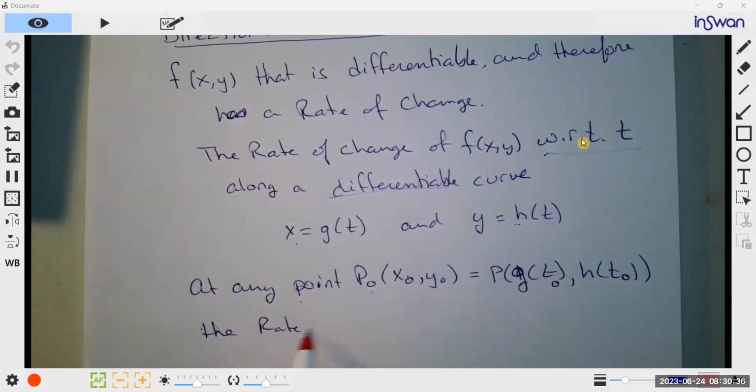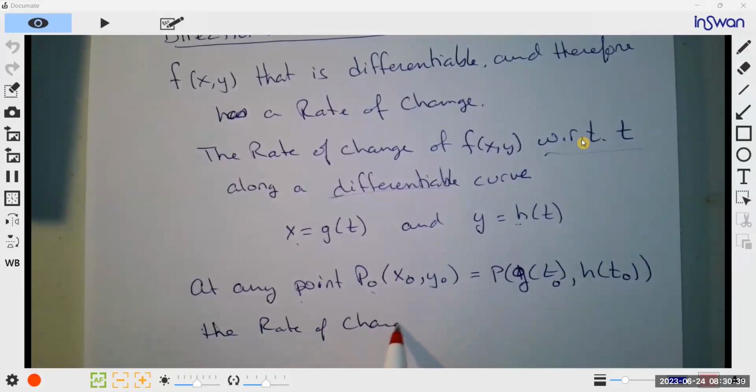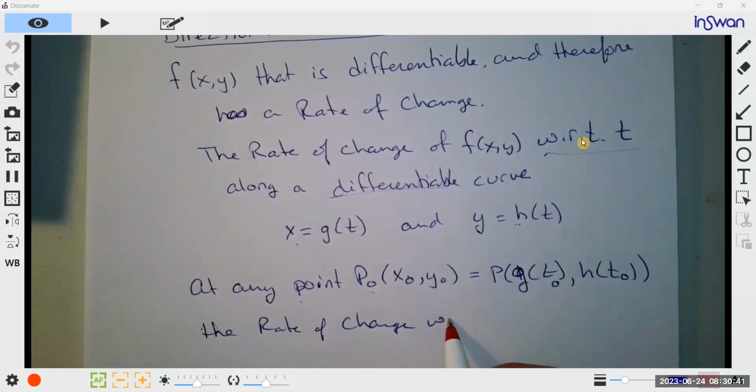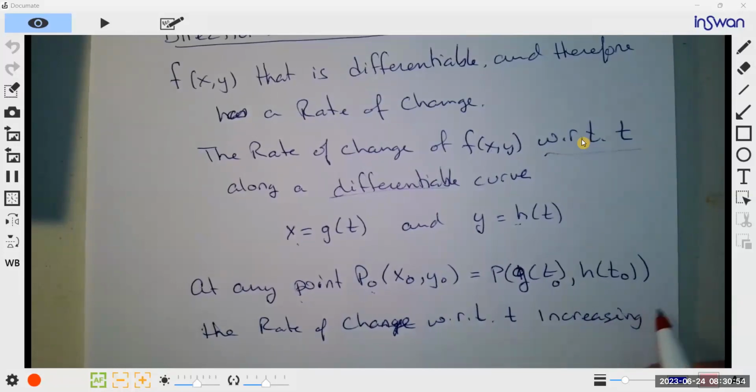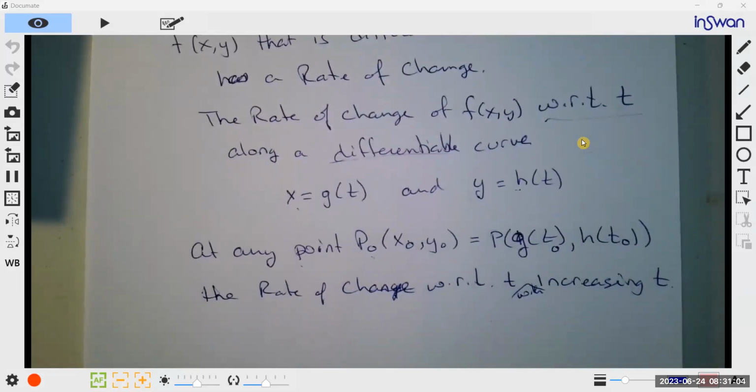the rate of change with respect to t, with increasing t. f of x is differentiable and therefore has a rate of change.